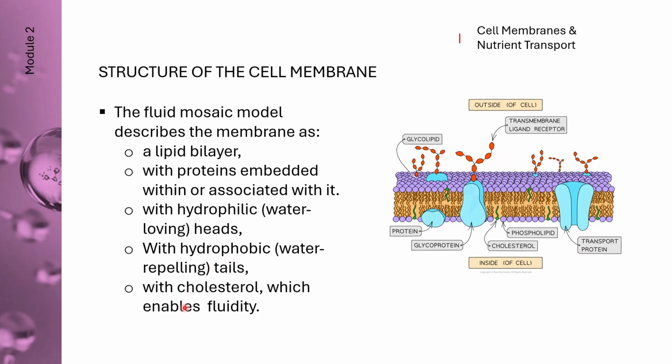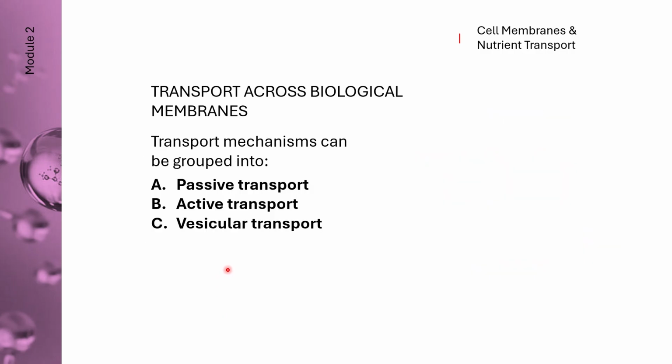And lastly, as part of the fluid mosaic model, we also have the cholesterol in between the fatty acid layer of the membrane. It plays a huge role in membrane fluidity, as we established earlier on.